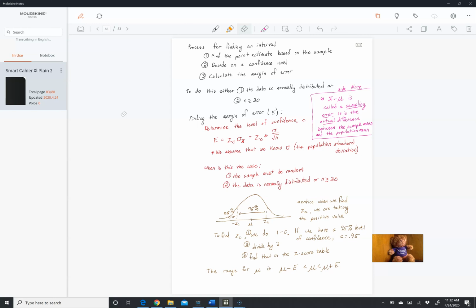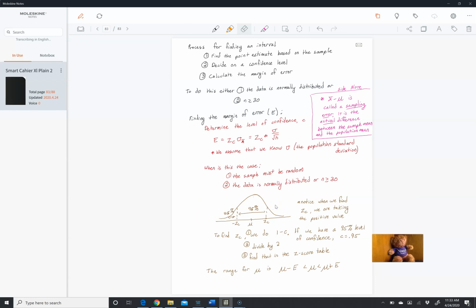Okay, so let's take an example where we actually find the margin of error. Again, this seems very complicated, but you're finding a point estimate that's given to you. You're deciding on a confidence level, which is most of the time given to you. And then you're calculating the margin of error. How do you calculate the margin of error? Well, the only thing that you really need to find is Z sub C. You know how to find Z sub C. You take the confidence level, you subtract it from 1, because we're saying we're 95% confident it falls within this interval, so outside of the interval is 5%.